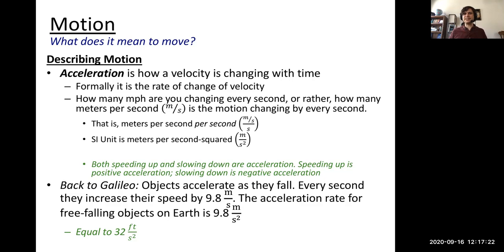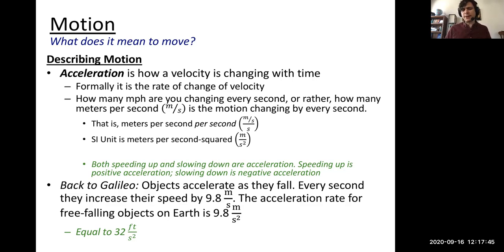Formally, it is defined as the rate of change of velocity. So how many miles per hour are you changing your motion every second? But let's do this with the SI system, the metric system. So we want to say how many meters per second are you changing your speed or your velocity every second. So it is a change in your velocity.